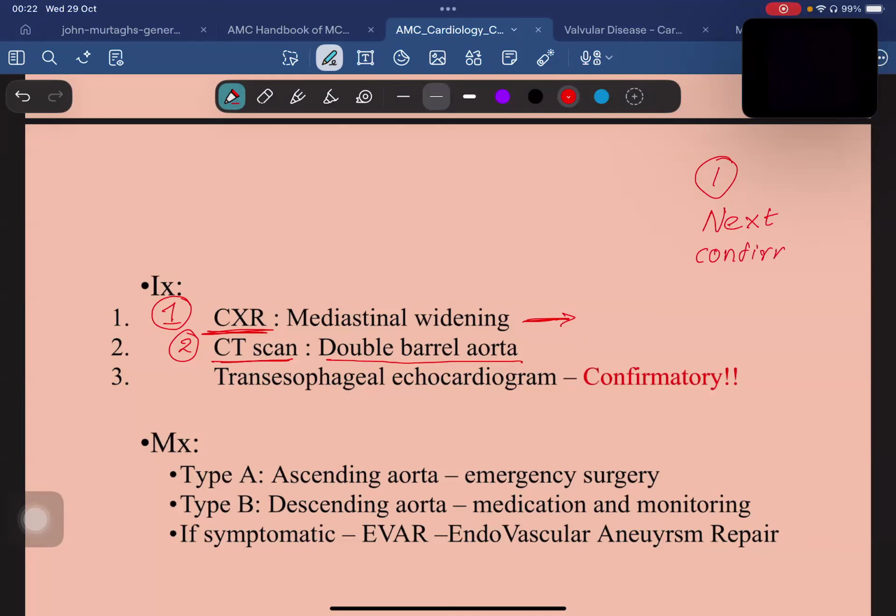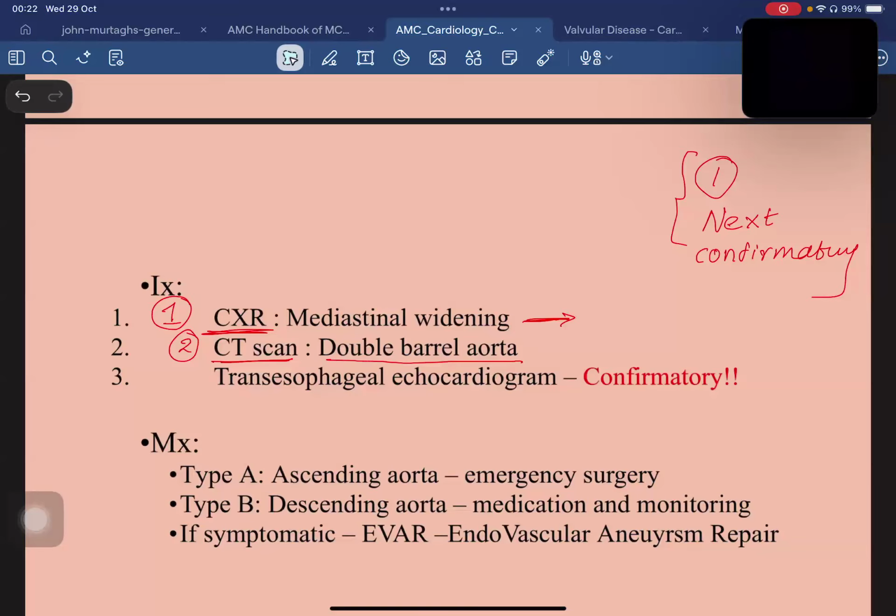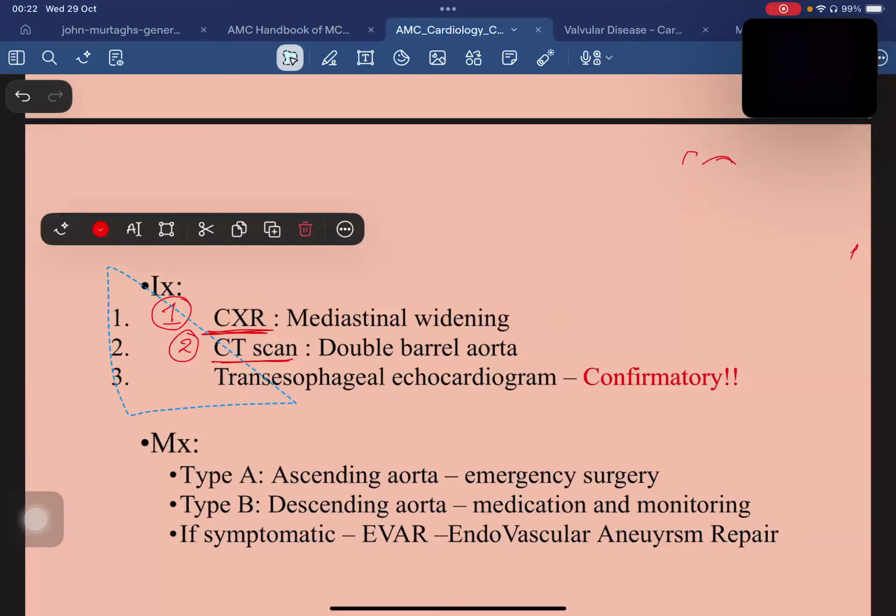Those things are very, very important. When it comes to the question line, always make sure to at least highlight in your brain what side they are directing. So remember this part for aortic dissection. It's very, very important.